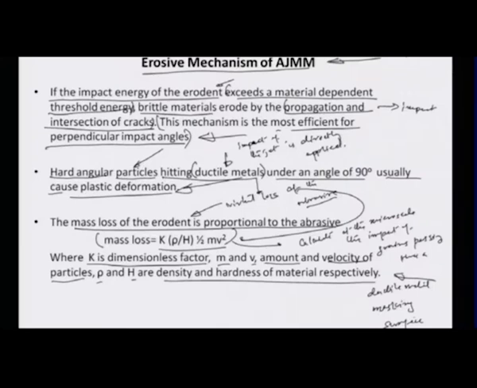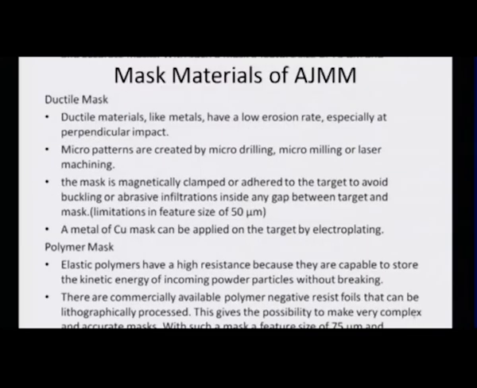Let us look at some other examples for mask materials as conventionally used in the AJMM process. So particularly for micro machining or abrasive jet micro machining, you can use either ductile masks or polymeric masks. There are certain advantages and disadvantages of using both.